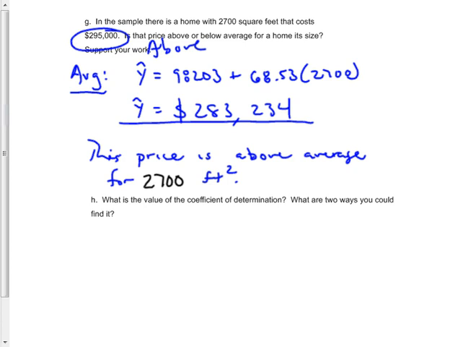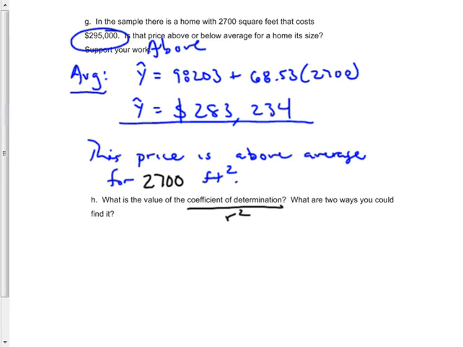All right, then last but not least here, we got to talk about the coefficient of determination. Here it says, what is the value of the coefficient of determination, and what are two ways you could find it? The coefficient of determination is r squared. It's actually the square of the linear correlation coefficient.